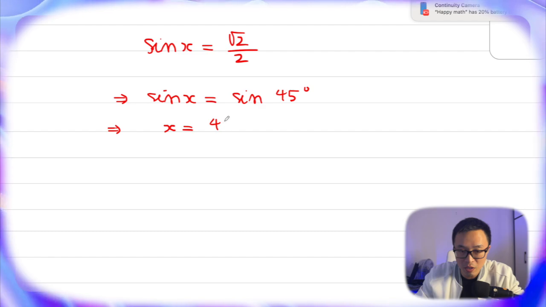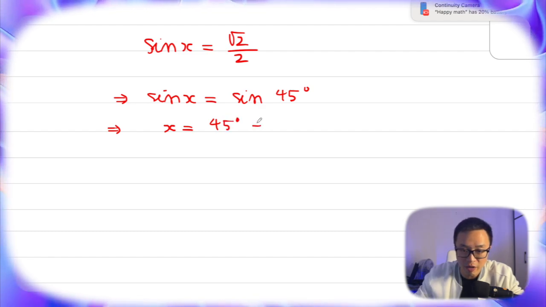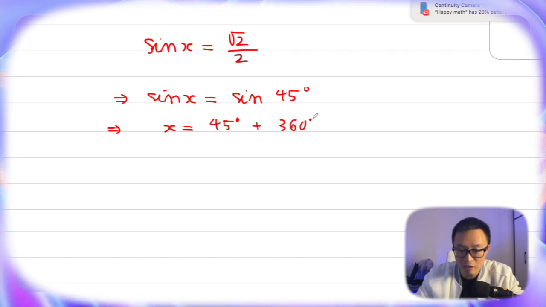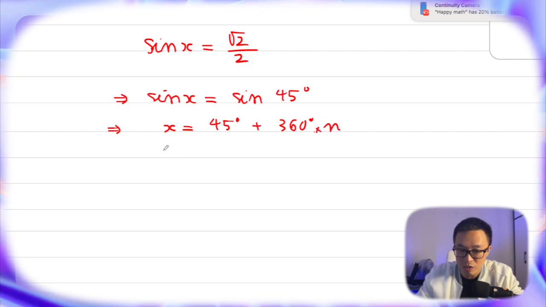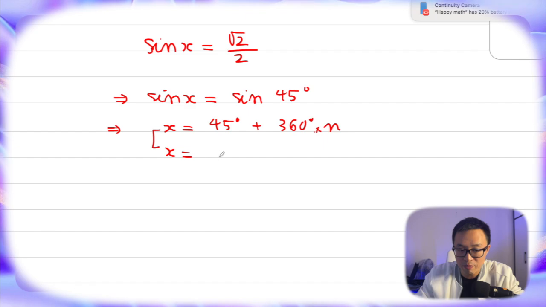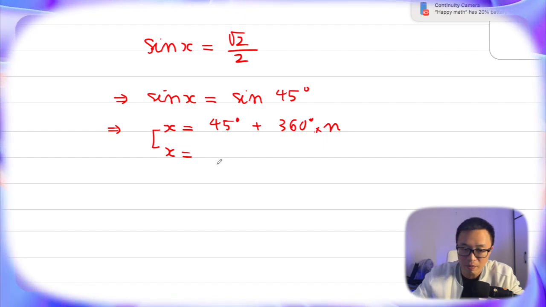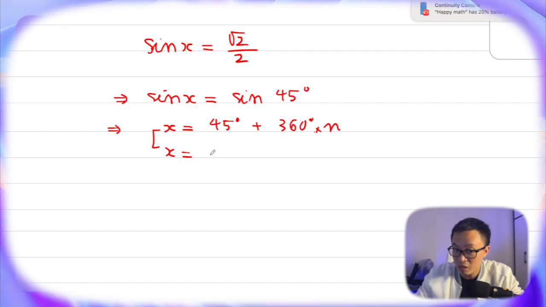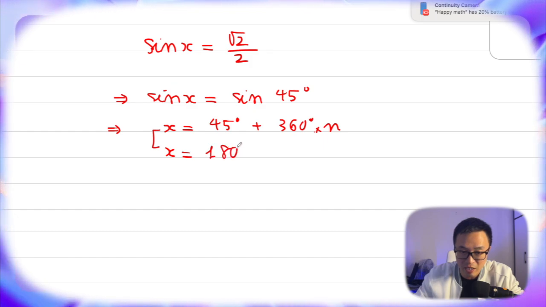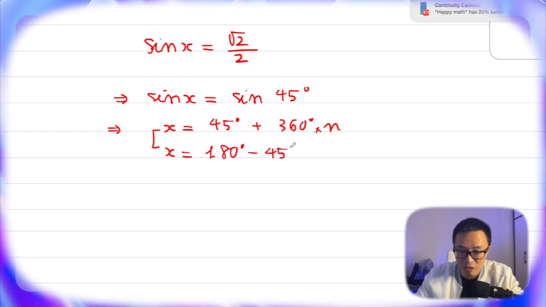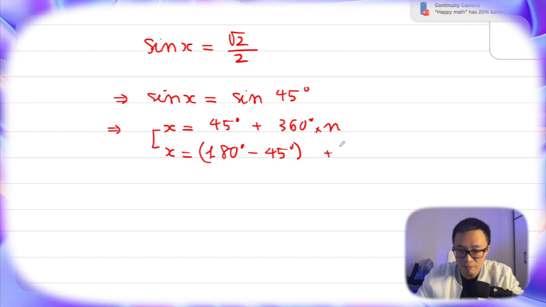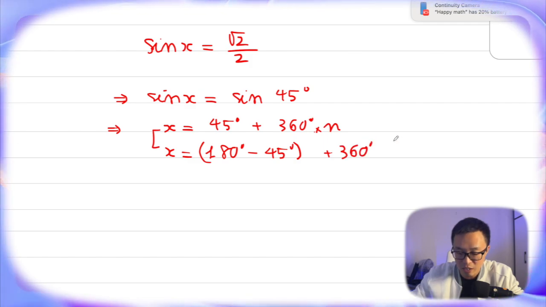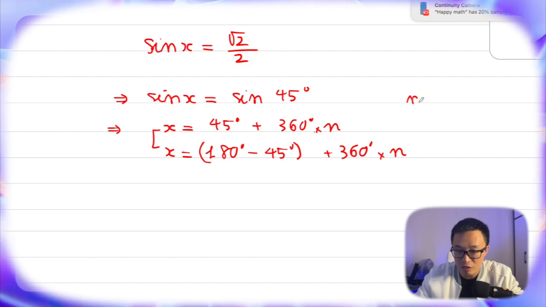And the first formula for x will be 45 plus the turning around, 360 degrees multiplied by n. And the second one represents the supplementary angle of x. You get the same value for x: 180 degrees minus 45 and then plus 360 degrees multiplied by n. And n represents an integer.